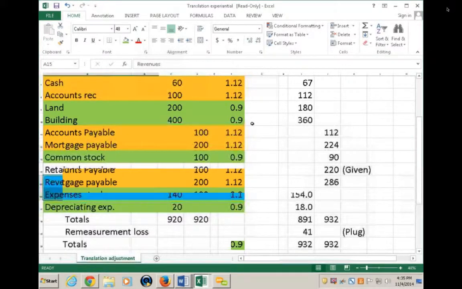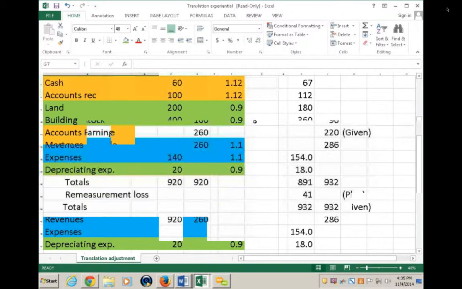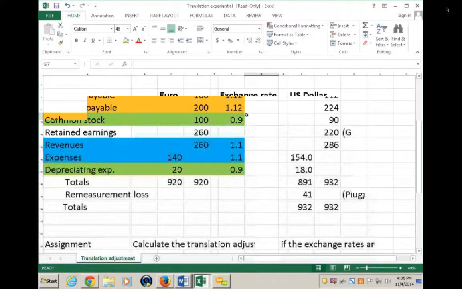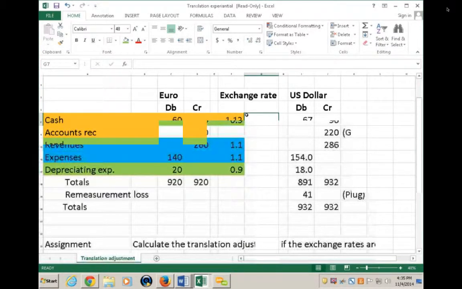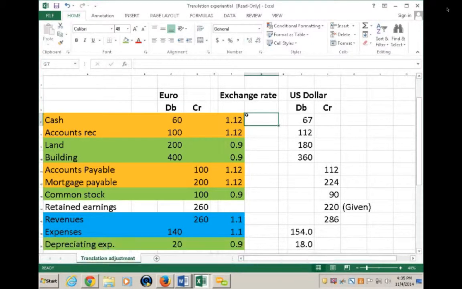And as these numbers are changing, I'm sure you're able to see a different translation loss, right? I think one takeaway here is understanding that when you have a shift in rates, like we had a shift in rates and we realized the loss, it's because we're getting less dollars here, so you could see that we actually have less assets in a way.